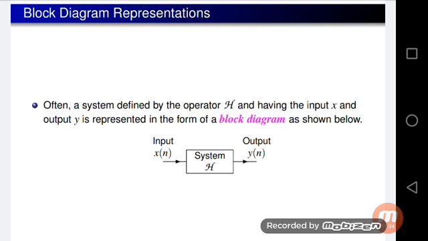Why are we using discrete systems? By using switching systems, we can convert the signals into the form of digital.